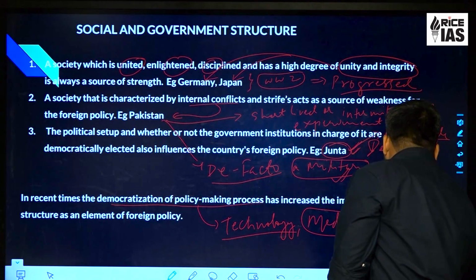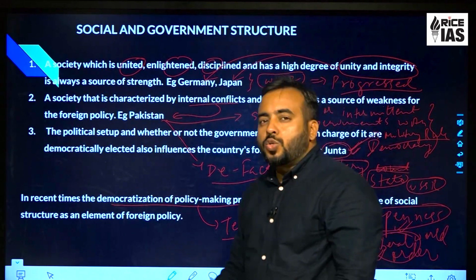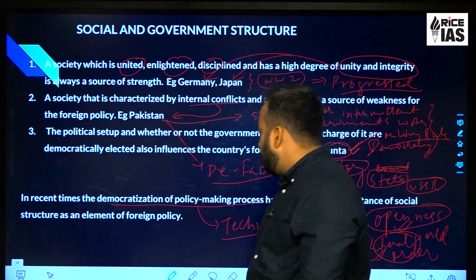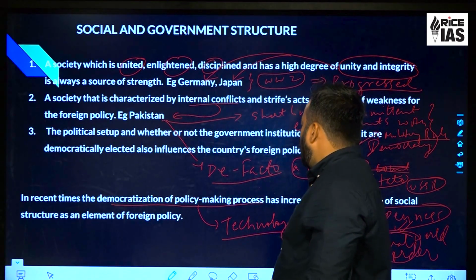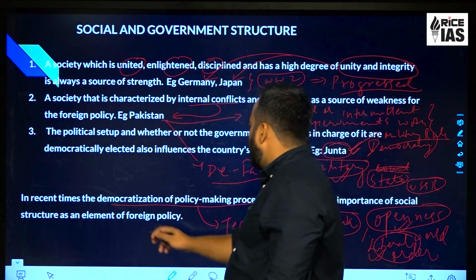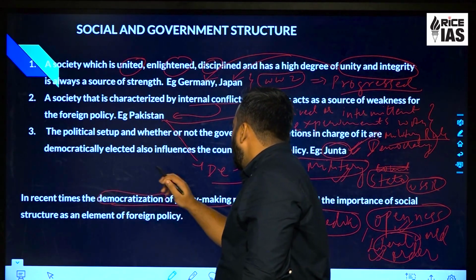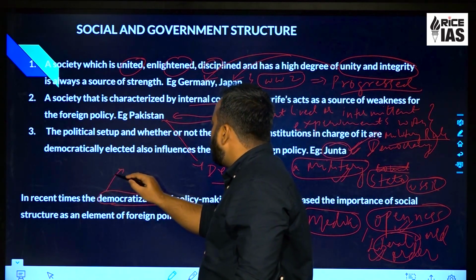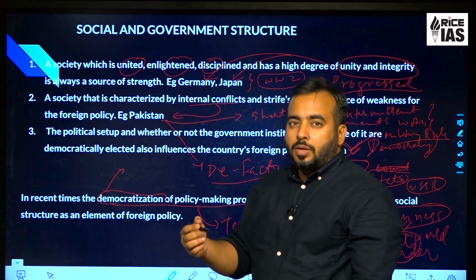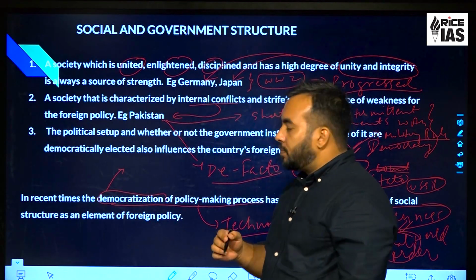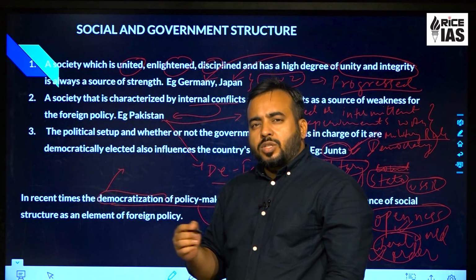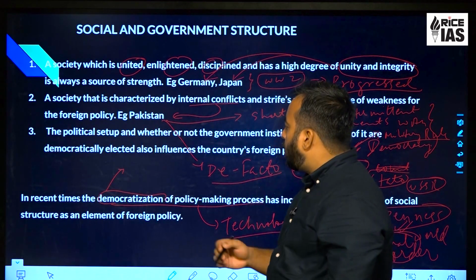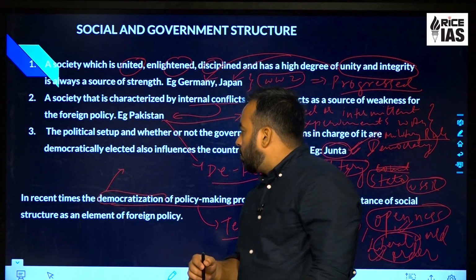Liberal democracies have been called to win the war of ideology against socialism. So even foreign policy making is democratized, much more institutions and stakeholders are involved. In some other lecture, we will also cover the institutions which make foreign policy.